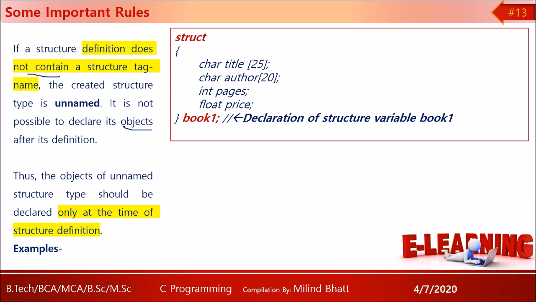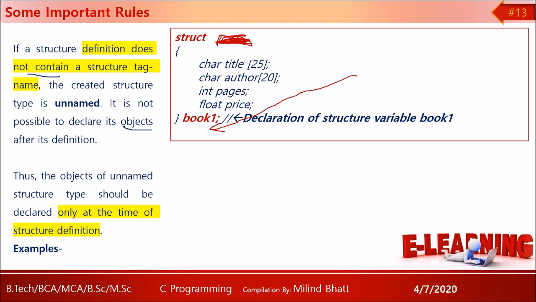Structure without having any name. No name is over here: character title, character author, number of pages in integer, price in float. Once I am defining such a structure, which is usually unnamed with no tag name, it is my responsibility to create its object at the time of its creation.